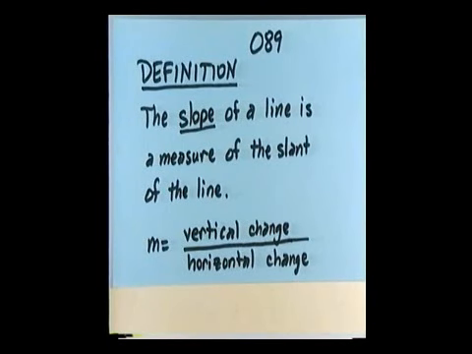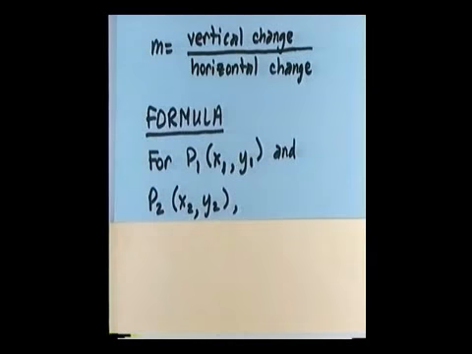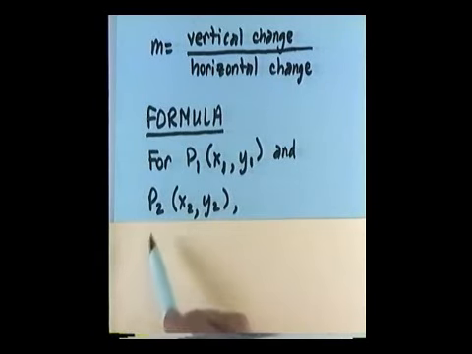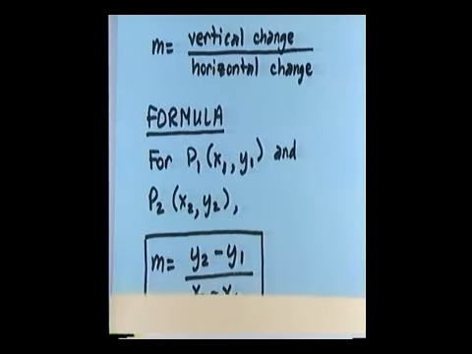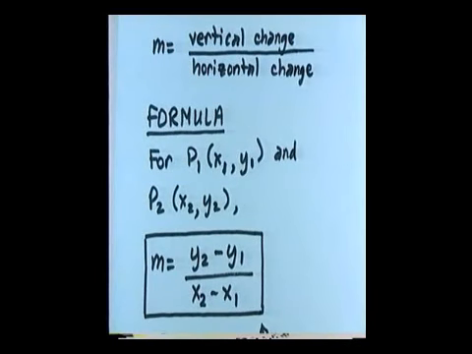The slope is measured between 2 points on a line, and so we have a formula which says for point number 1, P1, which is (x1, y1), and point number 2, (x2, y2), the slope m is equal to y2 subtract y1 over x2 subtract x1. This is one of the most important formulas you will find in all of graphing.